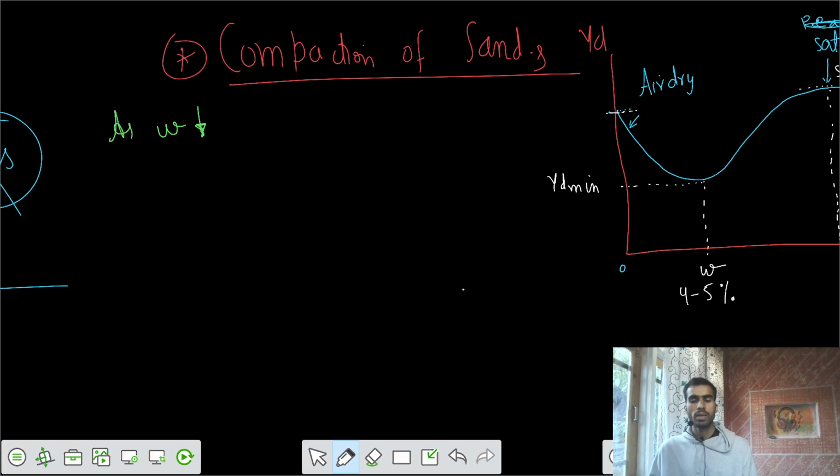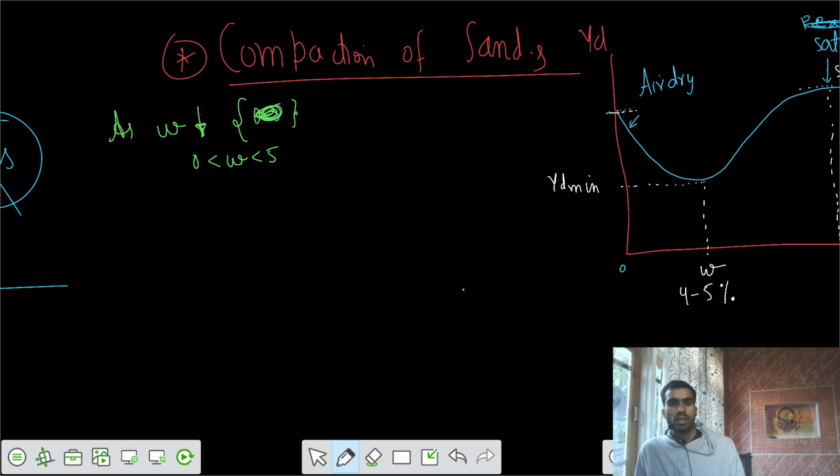By less, I mean the water content is in the range 0 to 5%. At that time, what's happening actually?